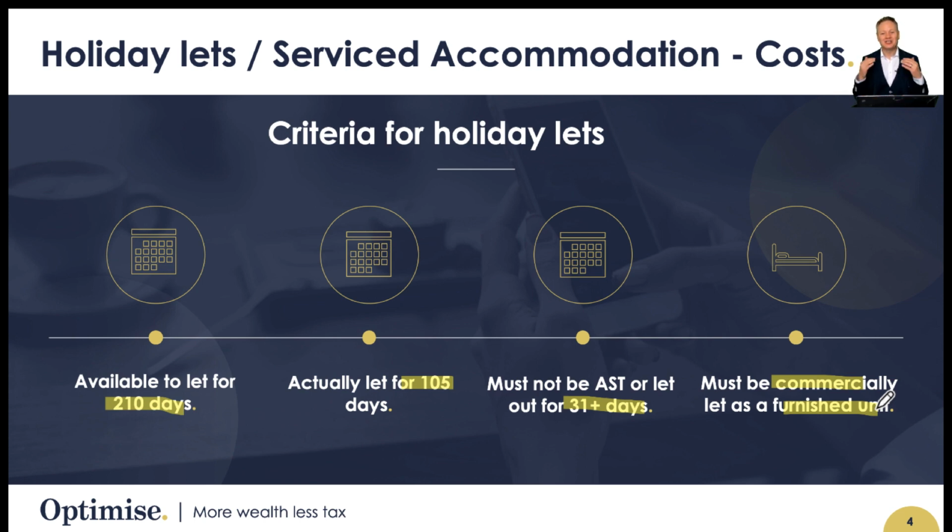So it's not a standard buy-to-let. You don't have residential. You have guests staying at your property. So the use class of your property also needs to be changed, and therefore you will have commercial rates for your property. People using holiday lets will benefit from Section 24 mortgage interest relief because it does not affect them. So mortgage interest costs will be allowed to be offset against your property income for your holiday lets.